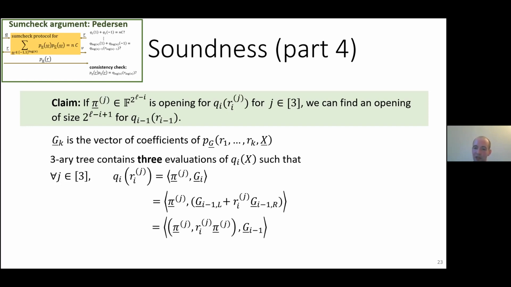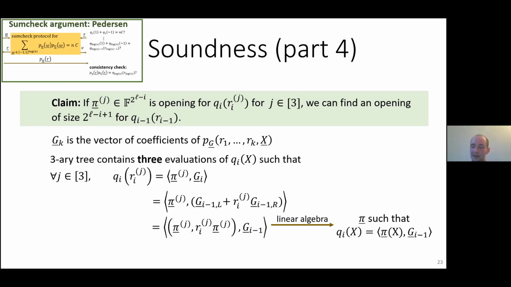And then we can rearrange those into openings which have double the length with respect to the (i-1)th commitment key. And then since we've got these openings for 3 different evaluations of the sumcheck polynomial, we can interpolate and use linear algebra to find openings of all the coefficients. And then, finally, we'd use the equations in the sumcheck protocol to get openings for the next polynomial up in the tree.